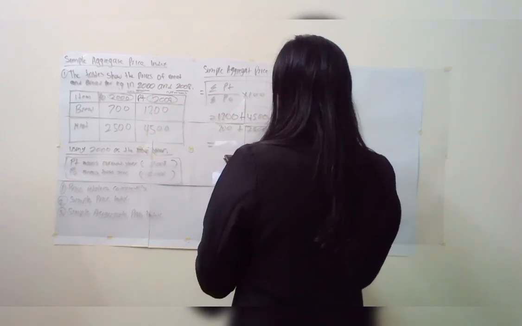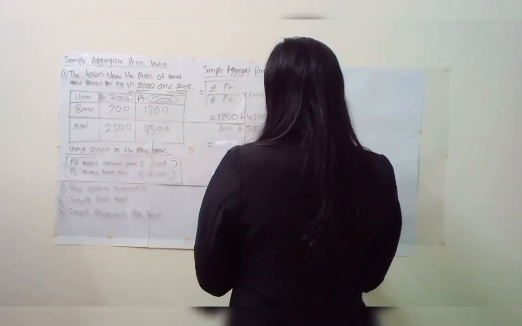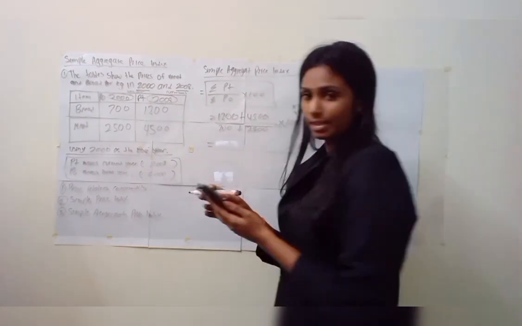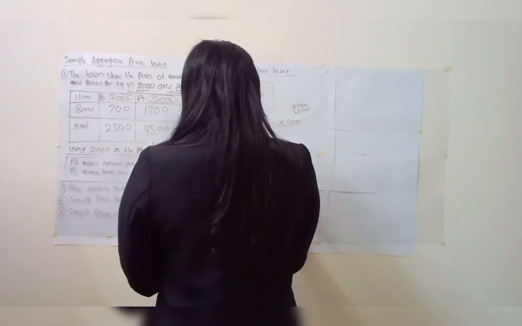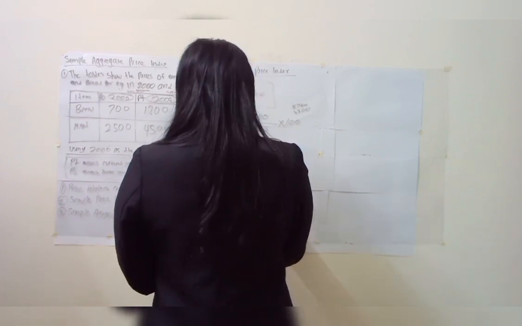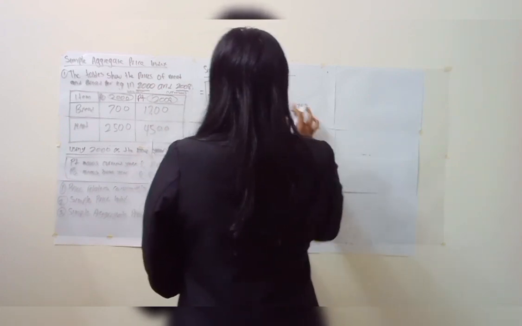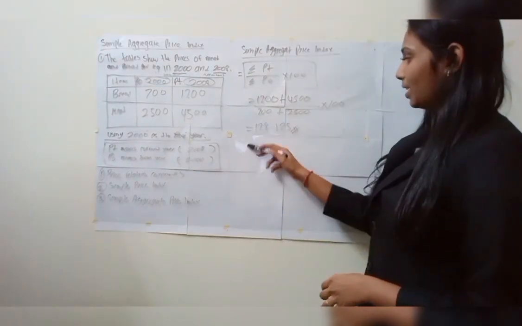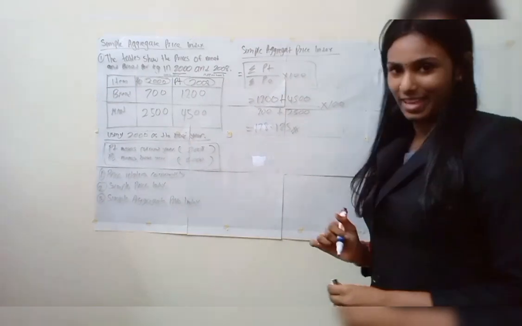Now 5700 divide 3200 times 100. Okay, the answer is 178.125. So this is the last answer of the simple aggregate price index.